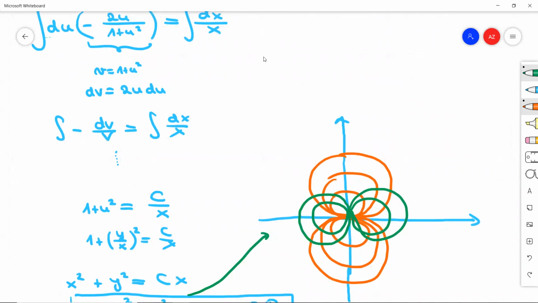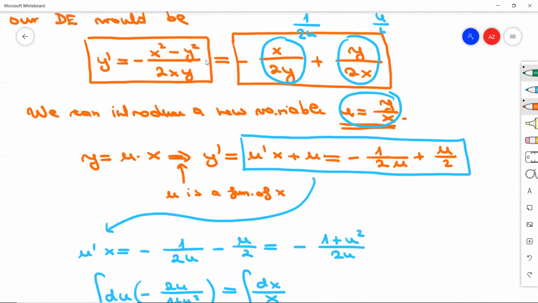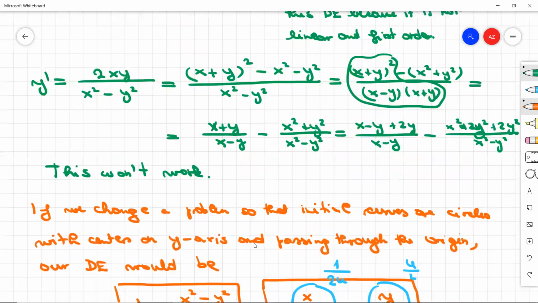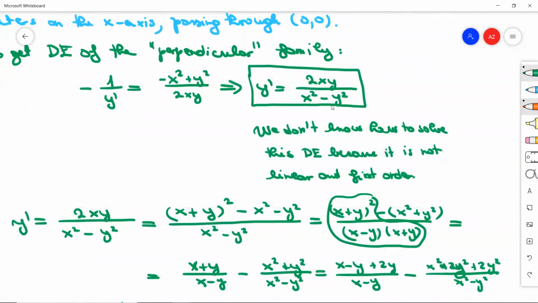So now you can think by yourself at home how we would show that this differential equation has as a solution exactly the family of circles with centers on the y-axis. So the solution to this differential equation, which we didn't know how to solve, should be exactly the family of circles with centers on the y-axis passing through the origin. And we will comment next time on how to do this, if it's even doable.